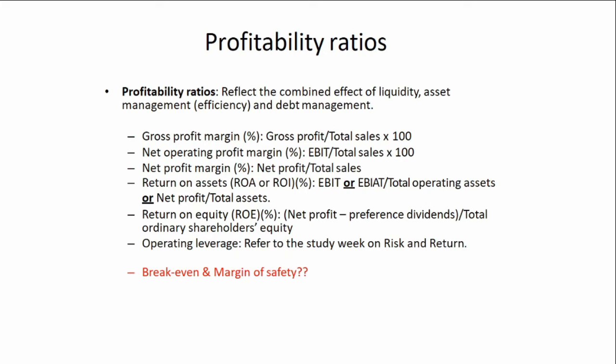Earnings before interest after tax is also known as net operating profit after tax. Then the last way we can calculate it is by taking our net profit divided by our total assets. So deciding which definition of earnings should be used will depend on the objectives of the analysis.